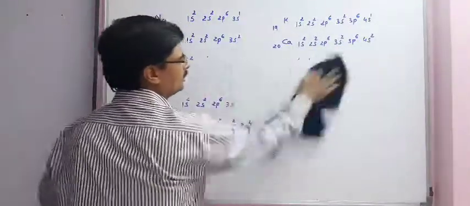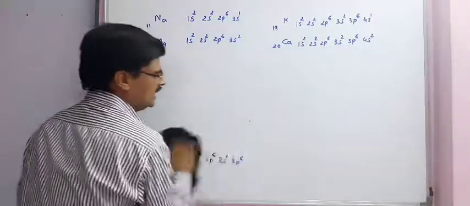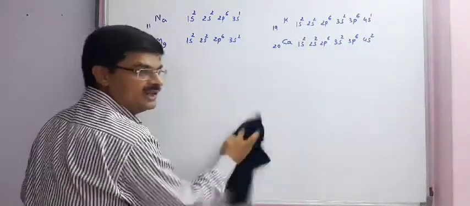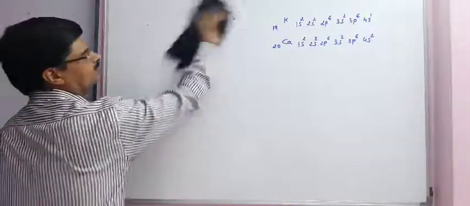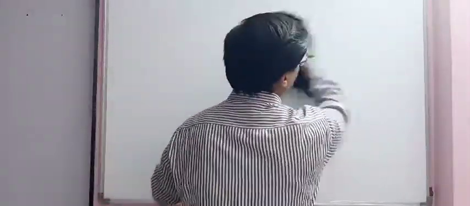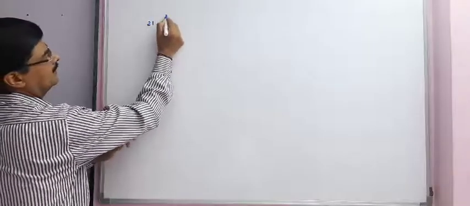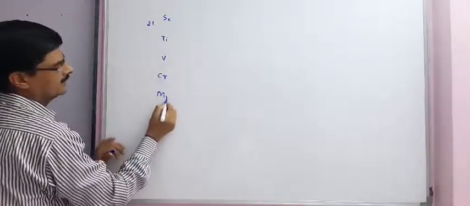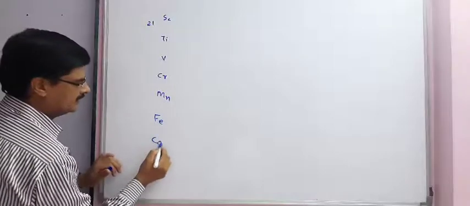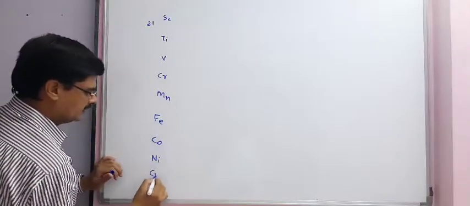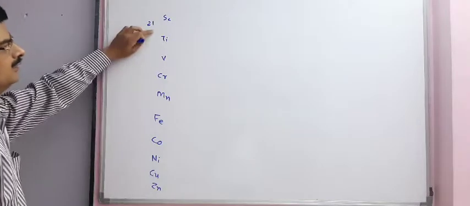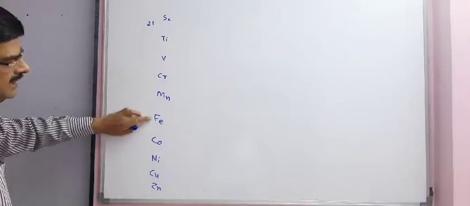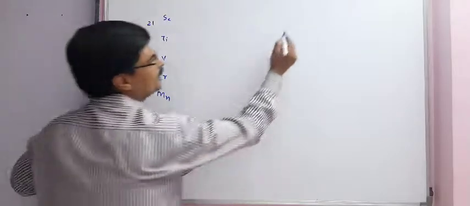After this, electronic configuration of Sc to Zn, in which we have two exceptional cases, that is of chromium and copper. Sc, Ti, V, Cr, Mn, Fe, Co, Ni, Cu and Zn.